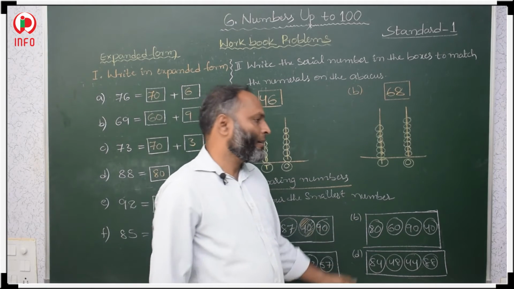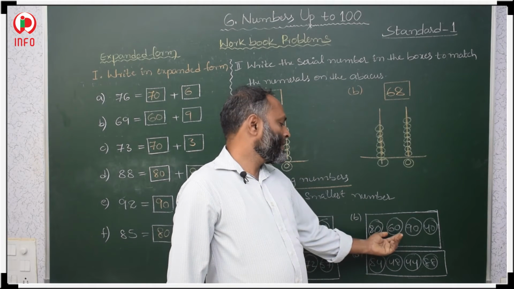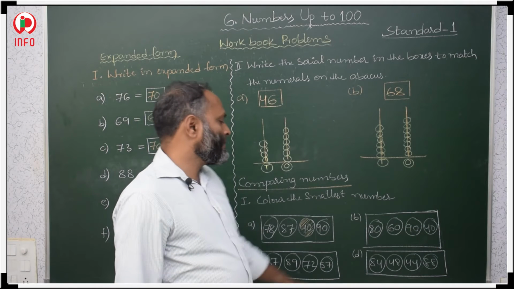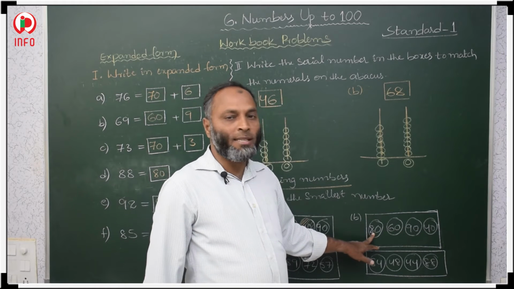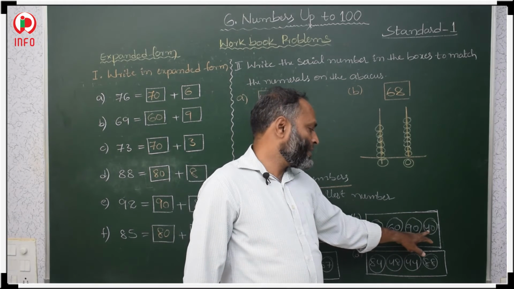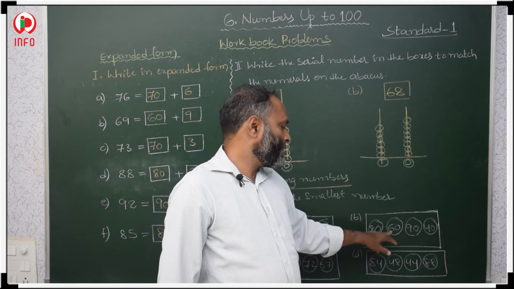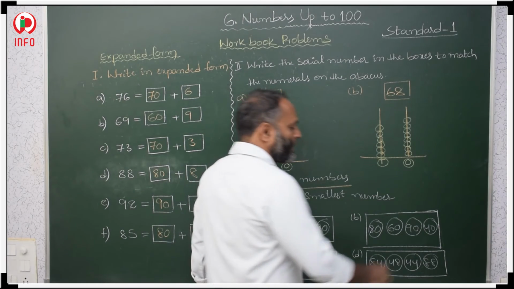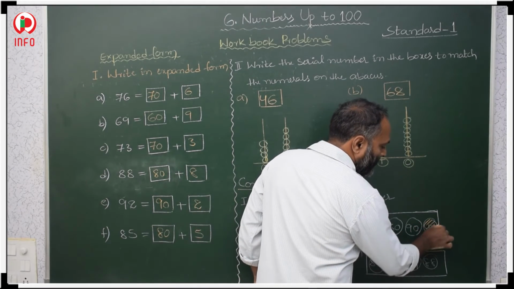Next, here 80, 60, 90, 40. Smallest one. Here tens place 8, tens place 6, tens place 9, tens place 4. 8, 6, 9, 4. 4 is smaller, that means 40 is the smaller. Color this 40.